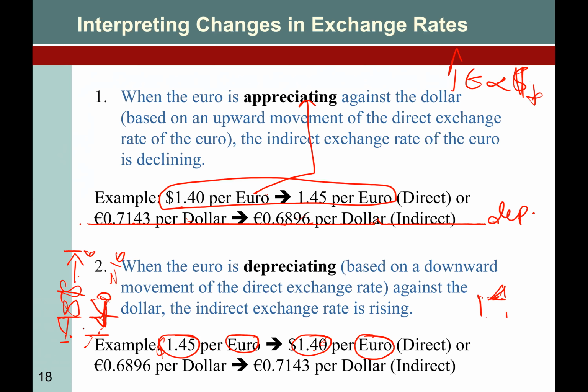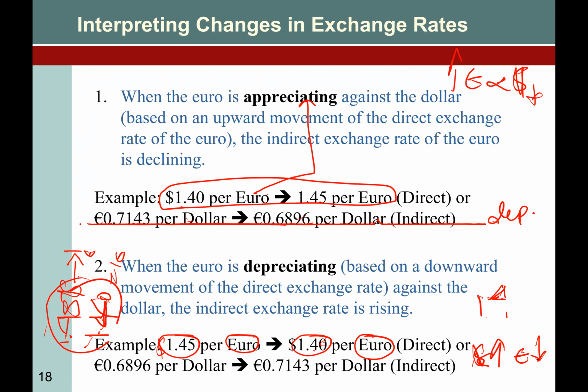It means we pay fewer dollars. Previously we were paying 1.45 and now we are paying 1.40. It means the dollar is strengthened. Dollar appreciated. If the dollar value increases, then of course the euro value decreases.